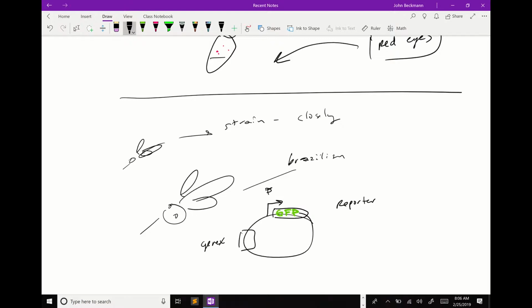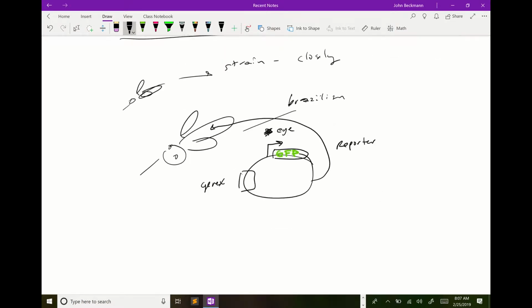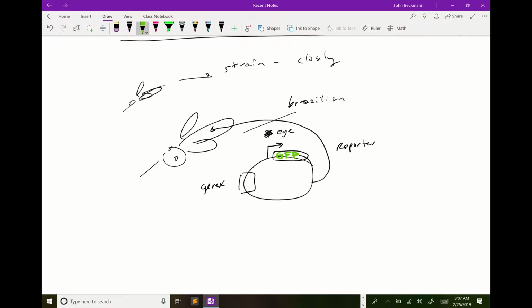Oftentimes they'll do an eye promoter, so that means it's a gene that normally turns on in the eyes. And then when this plasmid gets inserted into the mosquito chromosome, the eye promoter will cause the eyes to glow green when you shine a light on it.